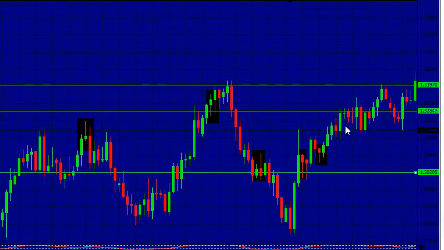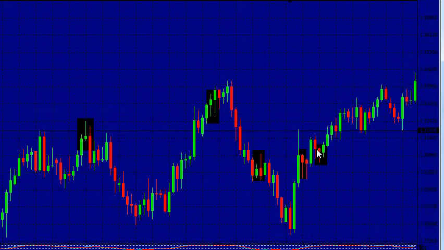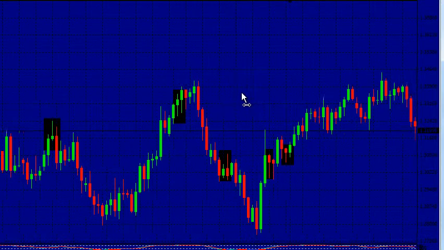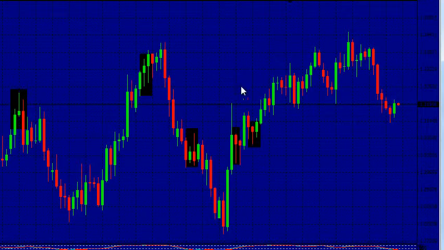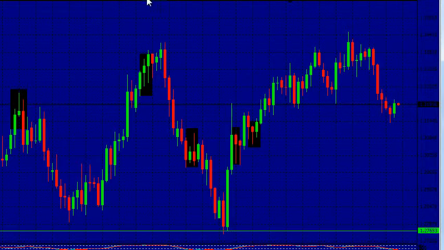Right, so let's take a look into how these pin bars are traded, the safest way to trade them. I'll just get rid of the support resistance. Okay, we'll go for these two here. We have this very strong move up. I do believe it was a news day.